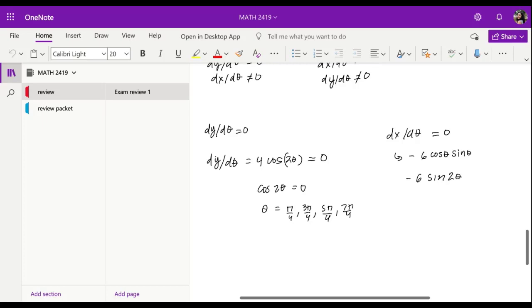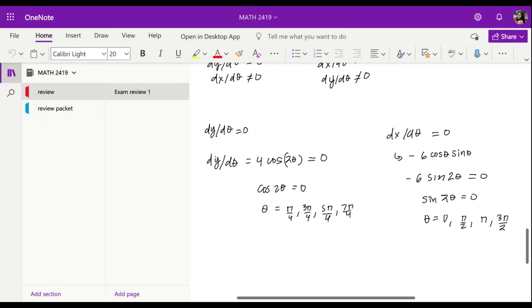Then we can just find the points where sine 2θ is equal to 0, and those points will be where θ equals 0, π/2, π, and 3π/2. So now we see all points where each of them are 0, and there are no θ values where both are equal to 0 at the same time. That means we don't have any points on the graph that are not smooth.